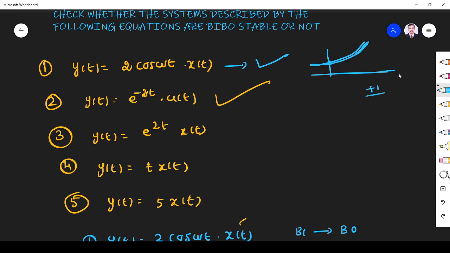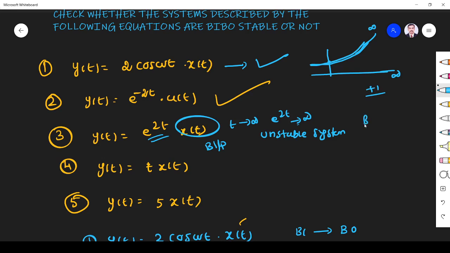E power 2t will become infinity when t tends to infinity. We always give bounded input. Bounded input multiplied by infinity, the result will be unbounded. So it is an unstable system.